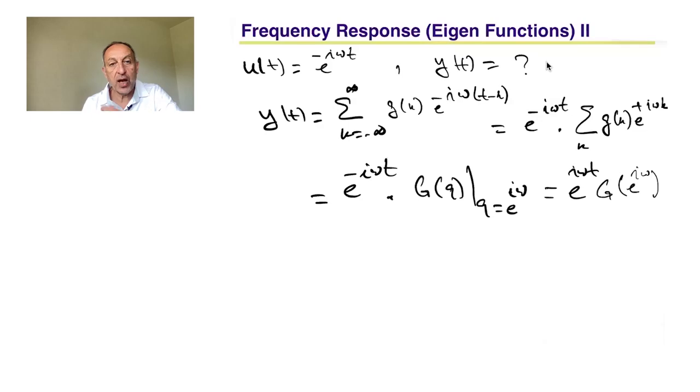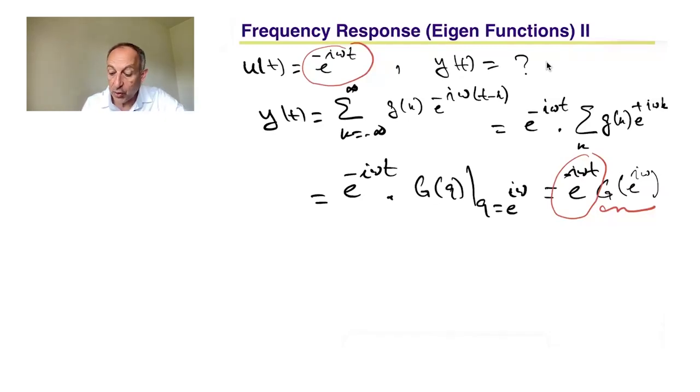What is nice about this is that we are proving, in a way, the property of the eigenfunction. We start with an input which is an exponential, and we observe that the output has the same exponential, e to the minus I omega t, times a constant, a scaling quantity represented by G evaluated at e to the I omega.